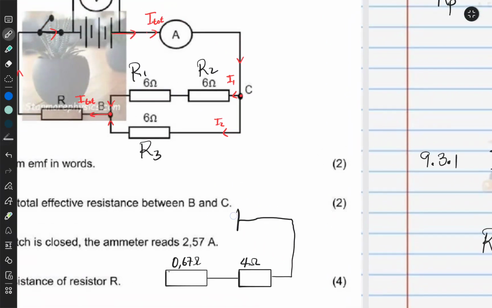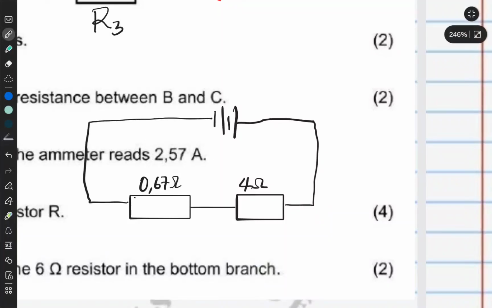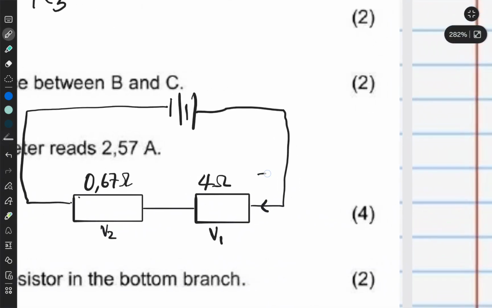And then this is now the rest of the circuit. I won't draw the ammeter, it's not important for my demonstration right now. So that's the rest of the circuit, right? What I'm saying is the voltage, when it comes, you will have V1 here and V2 here, right? The total current won't divide. Only the voltage will divide, which is 12 volts.